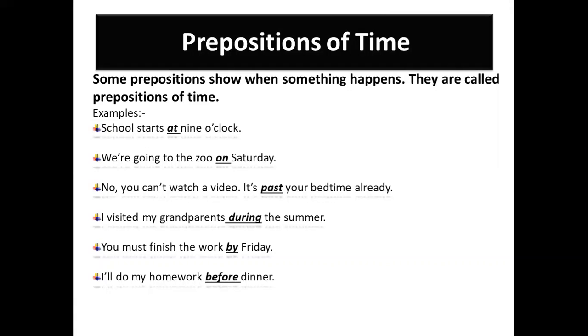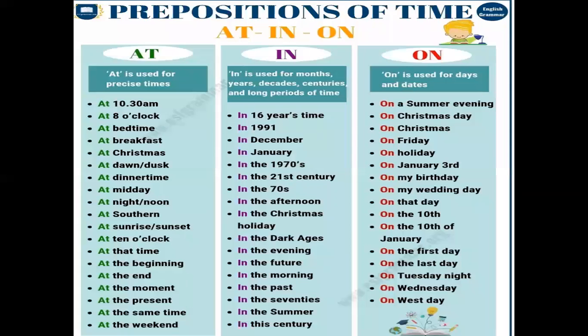And I'll tell you one more sentence with "in", like it is cold in winter. So now I'll tell you how to use "at", "on" and "in" for prepositions of time. Now see, when we use the preposition "at" for time, it is used for precise time, meaning it is used for a point of time.